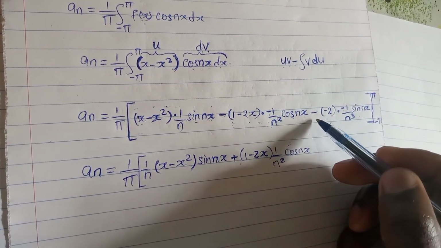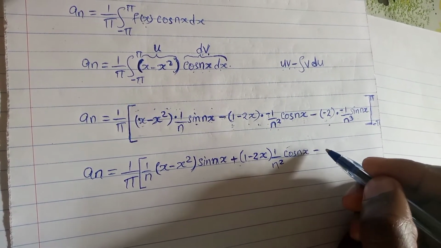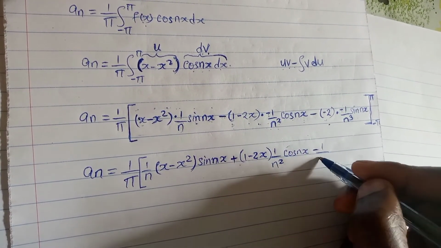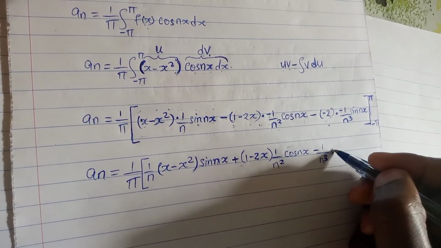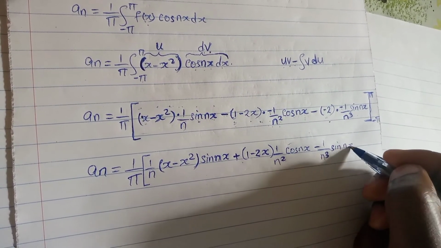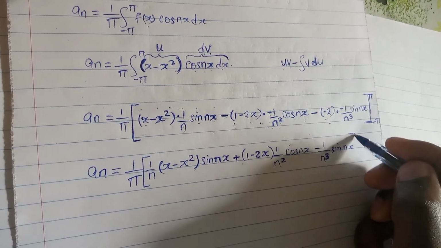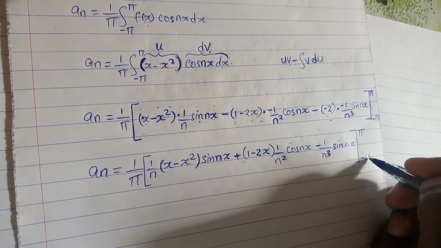Then the positive with the negative will give us negative. So this will be negative 1 over n cubed sine of nx, like that. Then we still put our interval.